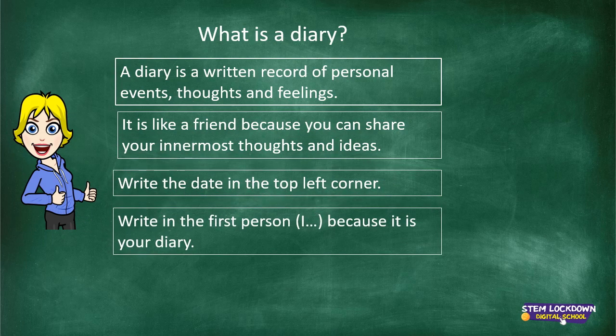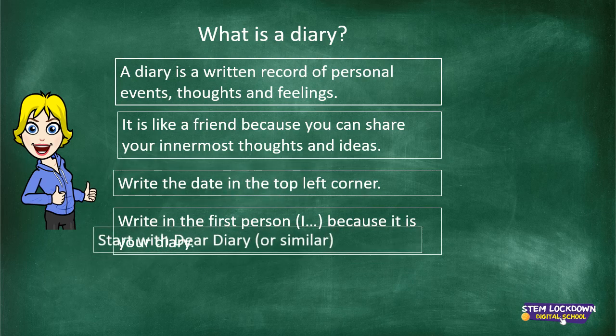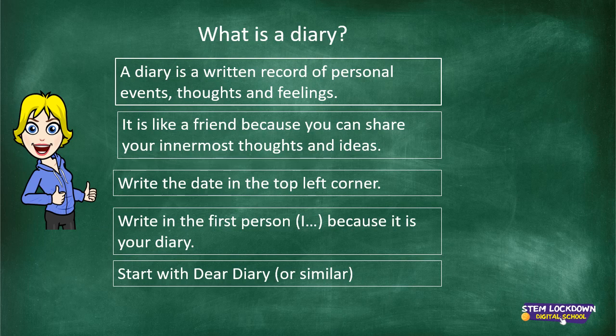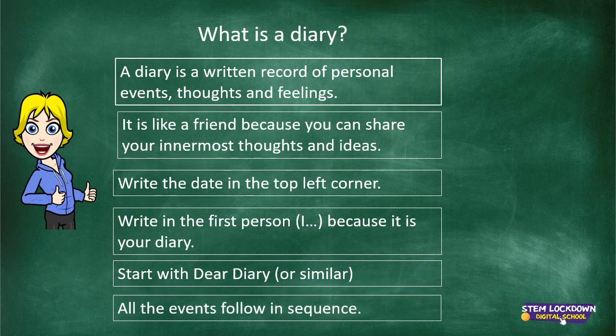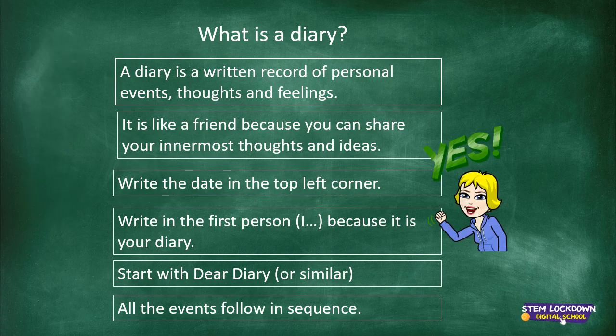You'll write your diary in the first person using I, me, my because it's your diary. You might even start with Dear Diary or something like that so that you feel like you're writing to an unknown person who's interested in you. And all the events in a diary usually follow in sequence. You got it? Great.